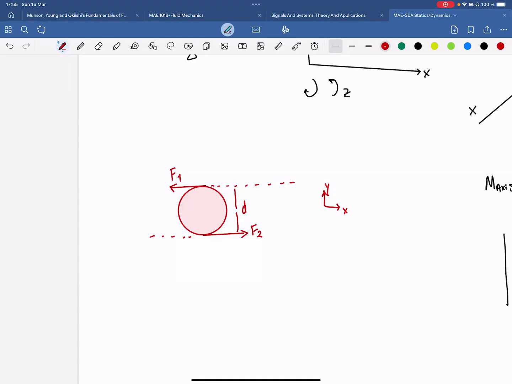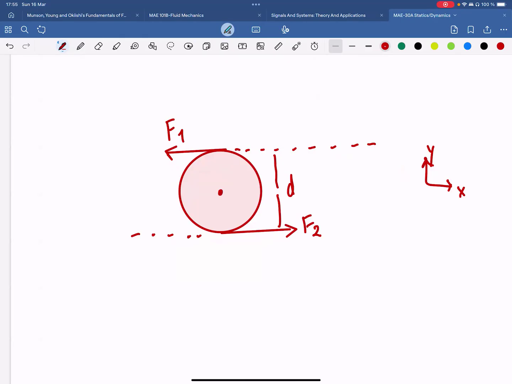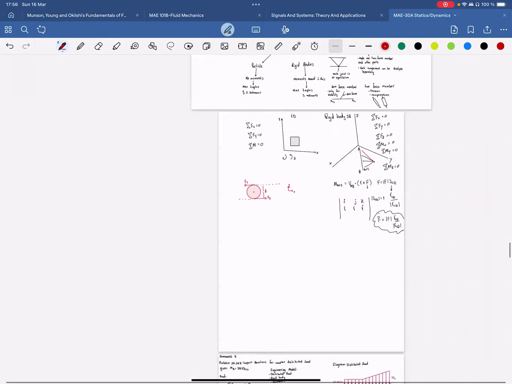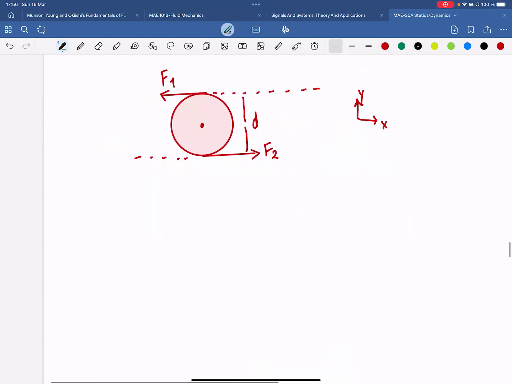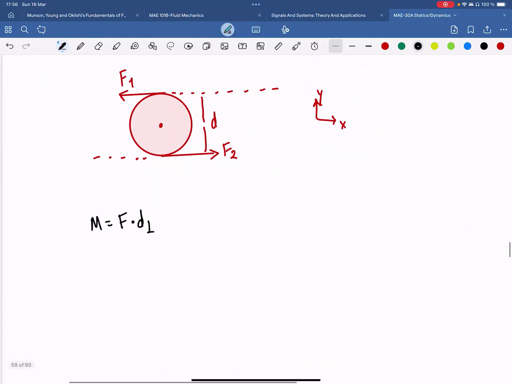It will still be the same on the translational aspect, but regarding the moment, the position of the force will matter, right? Moment is equal to a force times a distance for 2D, and this distance in 2D is perpendicular.